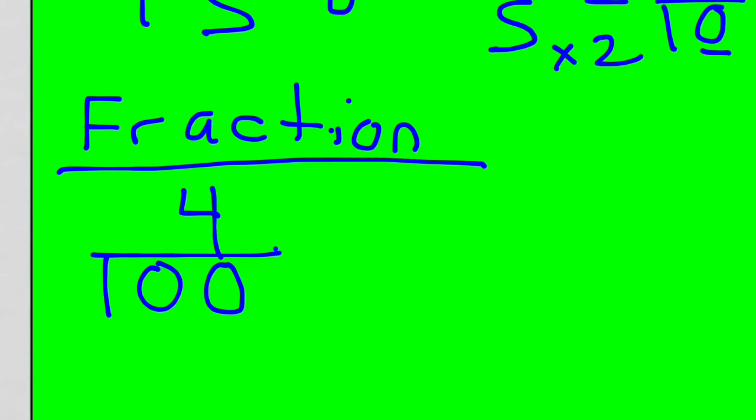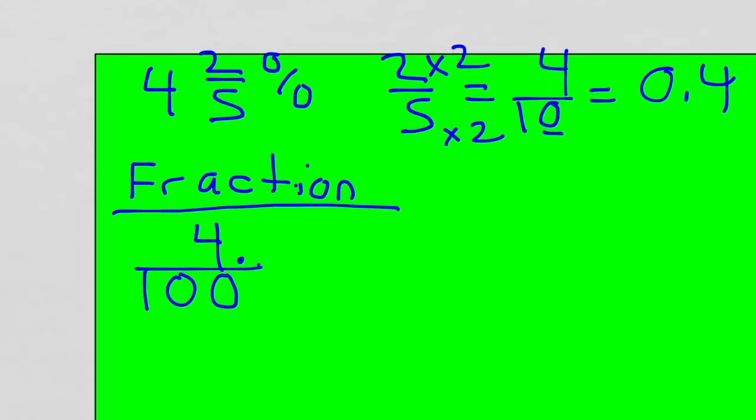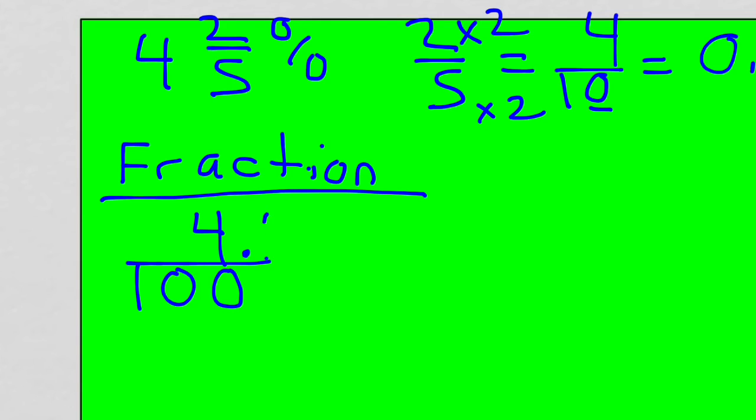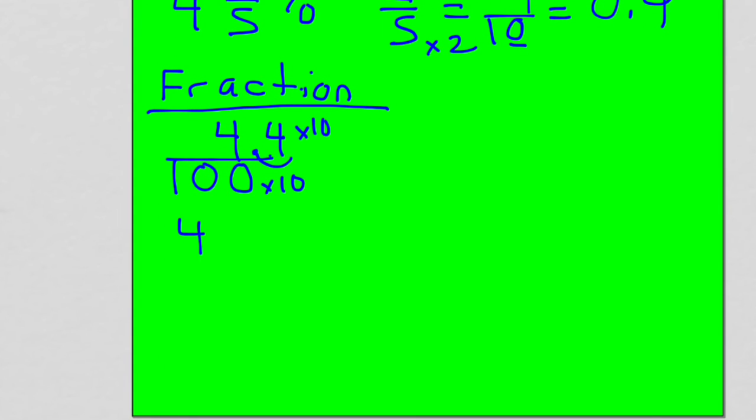Look at the close-up. I love this. 4 and 4/10. And now we make this decimal move 1 to the right by timesing the top by 10 and the bottom by 10. And you're going to get 44 over 1,000.